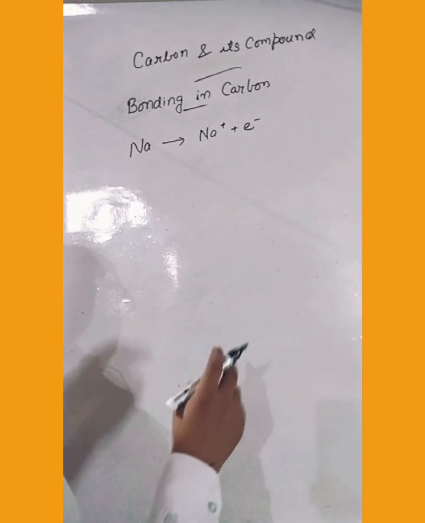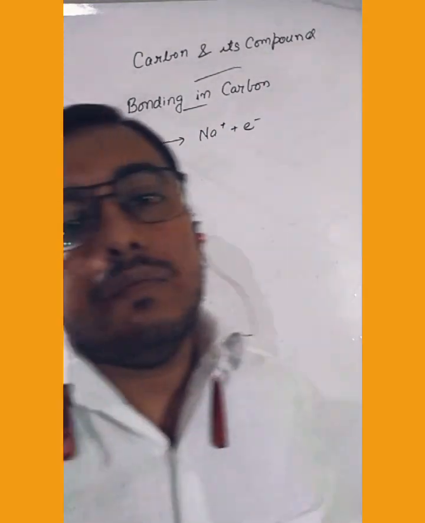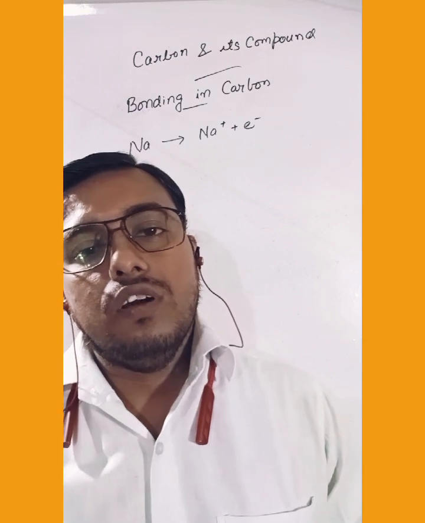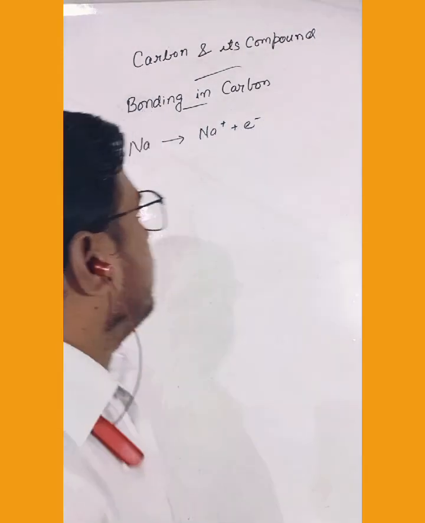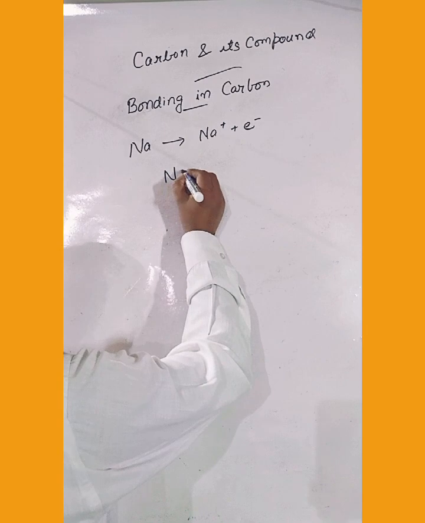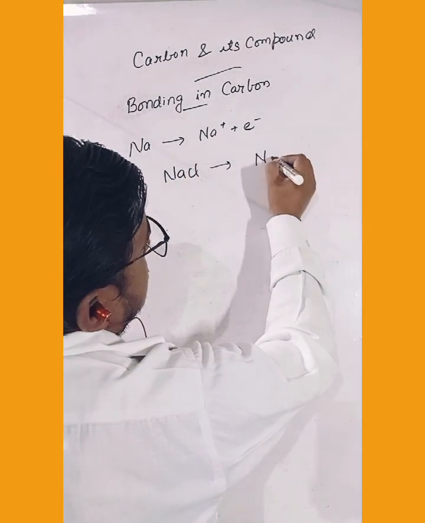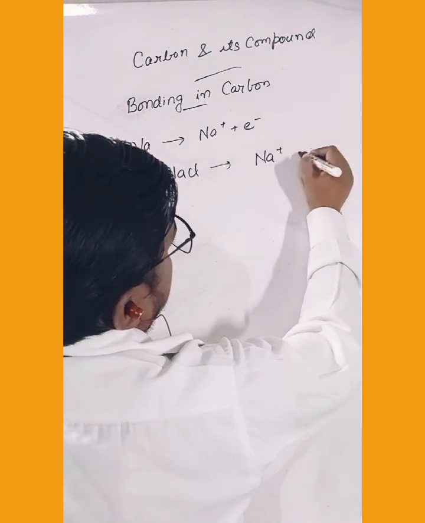For example, take the compound of sodium, NaCl. It is formed by Na+ and Cl-.